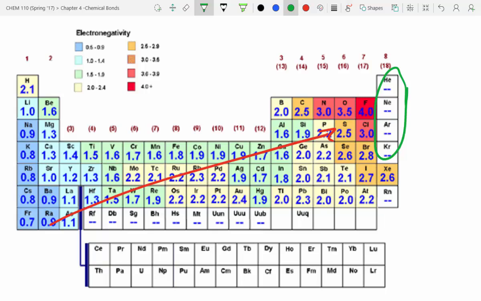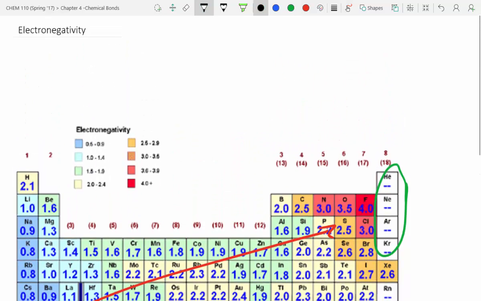However, it's important to note that these aren't electronegative. Why aren't they? Yeah, they're already happy. They have 8 valence electrons. So this table helps us determine how badly an element wants electrons.